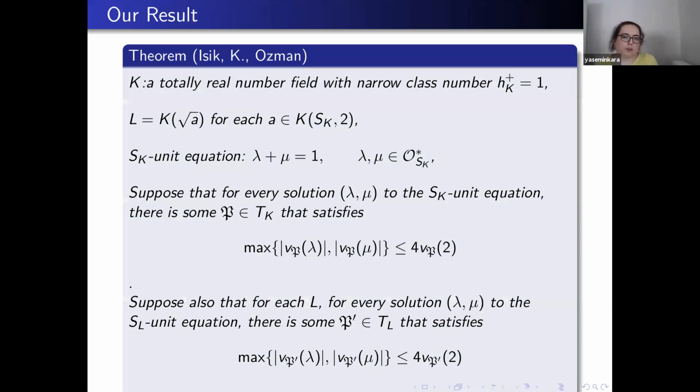So what we got is the following. Here again, we had to work with totally real number fields with narrow class number 1. So here we look at the solutions of the S-unit equation over k, but also solutions of the S-unit equation over L, where L is defined as k adjoin the square root of A, where A belongs to the Selmer group of k and S_k. But this Selmer group is finite, so you only check finitely many extensions.